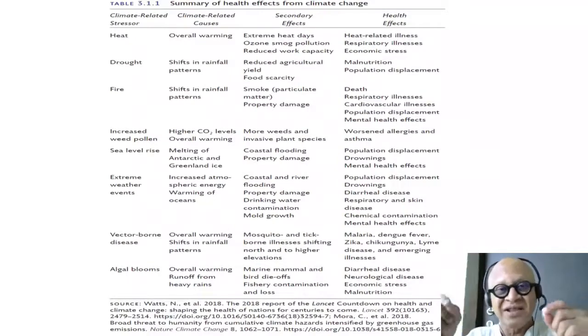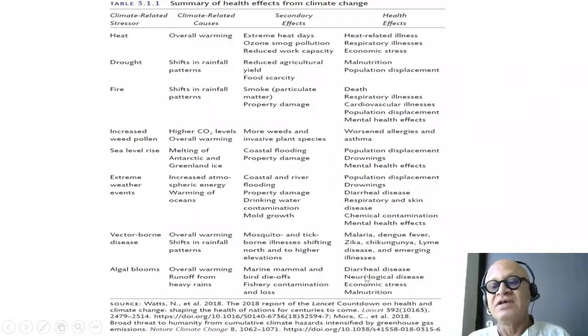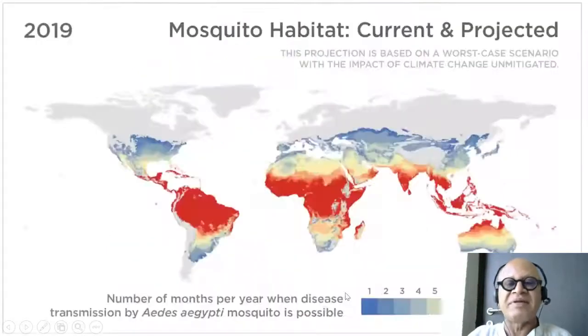So it's related in indirect ways. Diarrheal, neurological diseases, economic stress, and malnutrition.